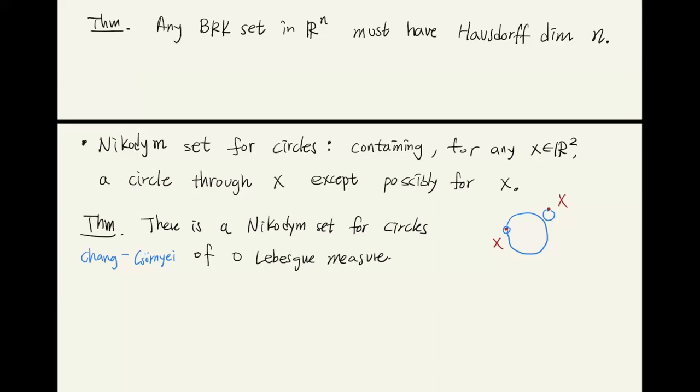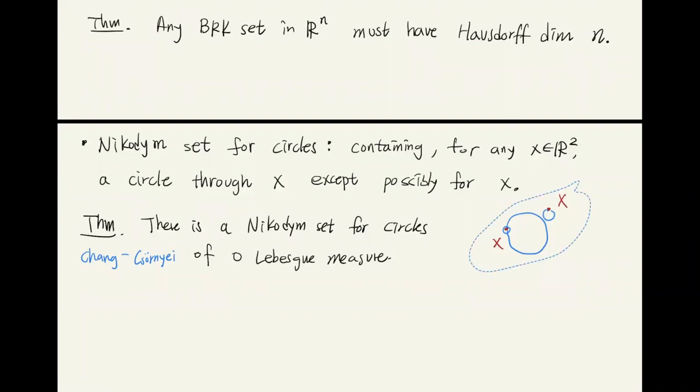But actually, their result also states that there is a Nikodym set for unit circles. Namely, for every x, there is a unit circle through x, except for the point x. Oh, sorry, here I should maybe modify this a little bit.